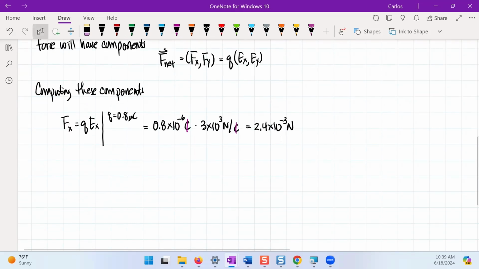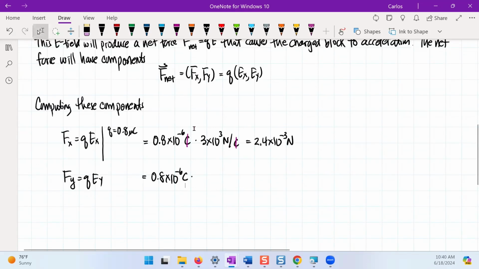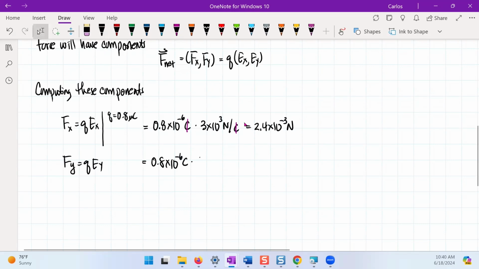And I'm just going to repeat the process for the y component. It's going to be given by this, but we already know what the charge is. And now the field we saw here was 600. So I'm going to write 6 times 10 to the 2 newtons per coulomb.